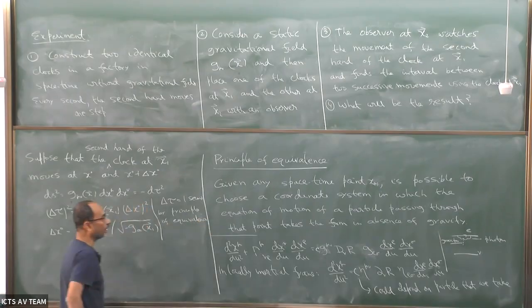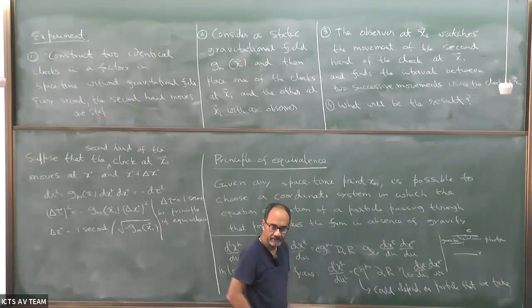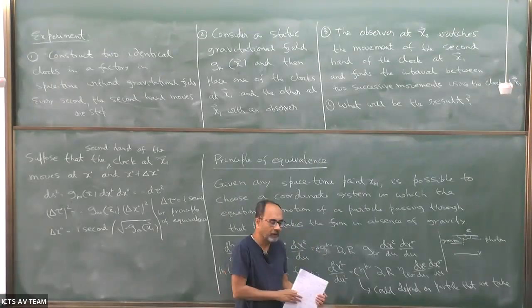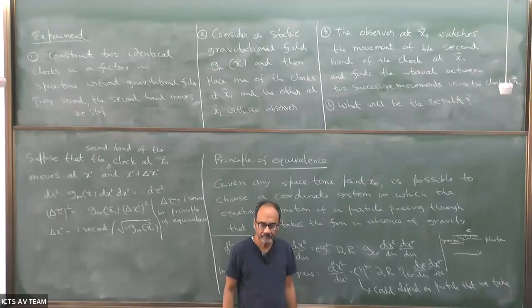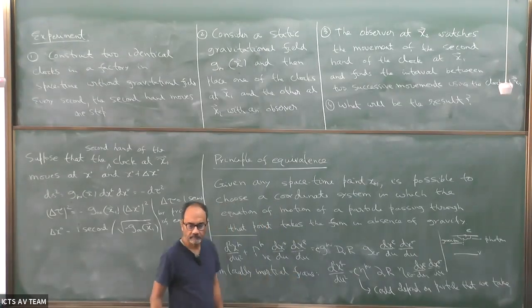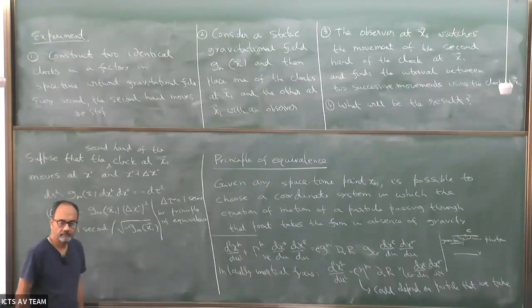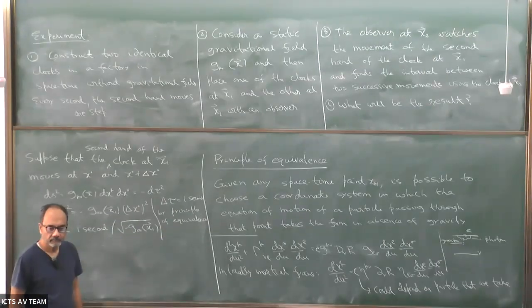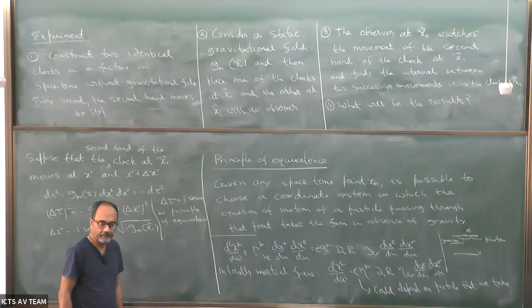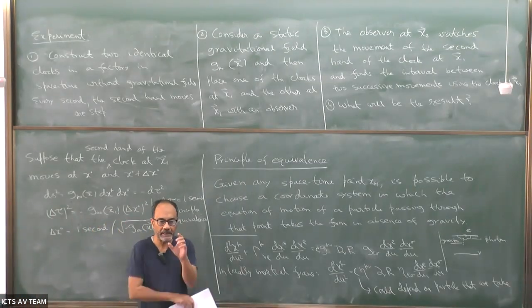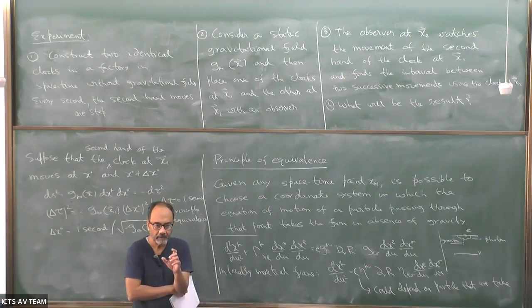Because if there is a large term like what we wrote down there, suppose C was large, then the presence of gravity could have changed the time period. We are assuming that that doesn't happen. No, you can equate proper times, except that the proper time between two successive movements of the clock may change.